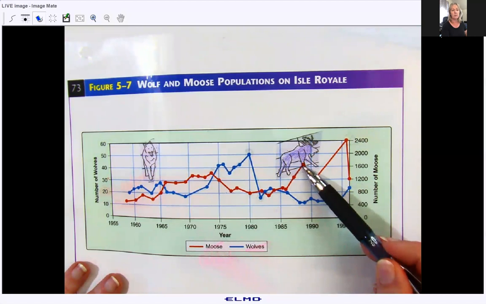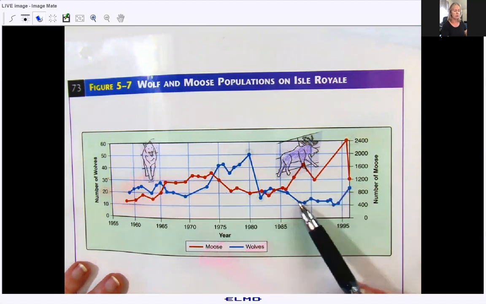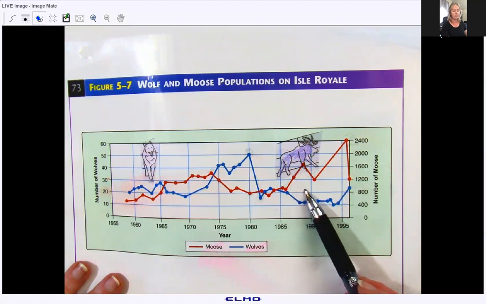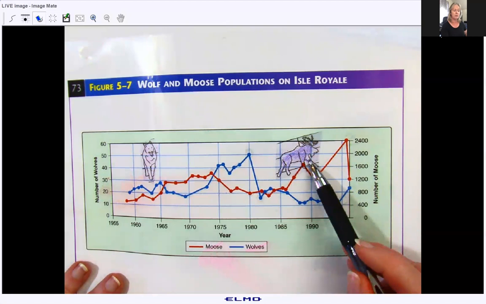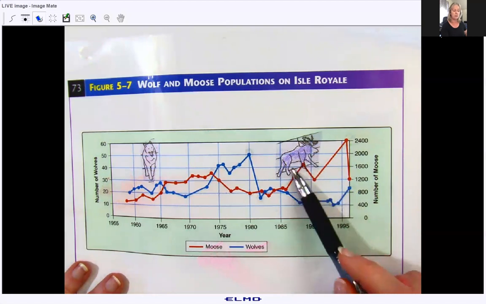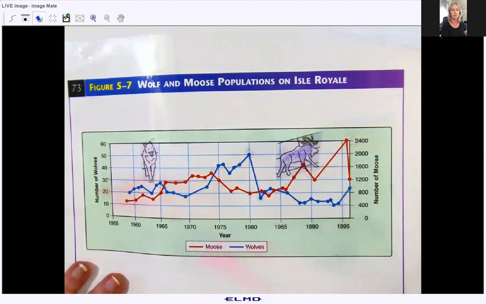So with this increase, you should have probably seen a little bit of a turn up in the wolf population, but you didn't. And so, we could maybe hypothesize that there was still some hunting and trapping going on to help to preserve and protect that population of moose, so that it could really increase in number.